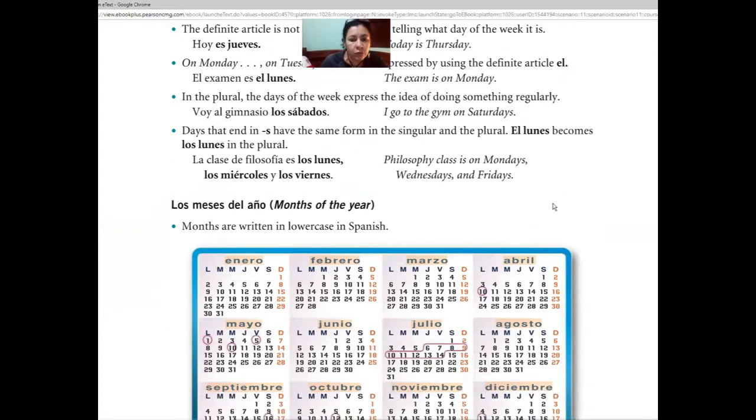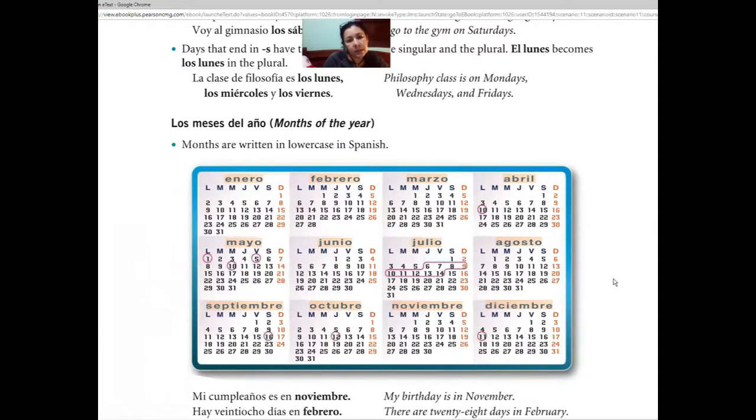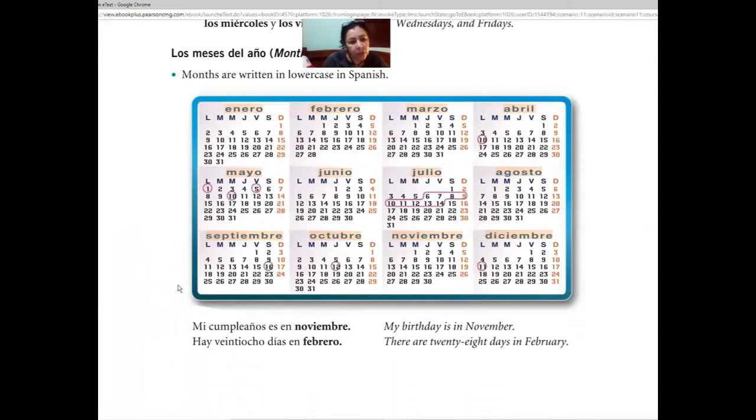The same thing for months: enero, febrero, marzo, abril, mayo, junio, julio, agosto, septiembre, octubre, noviembre, diciembre.